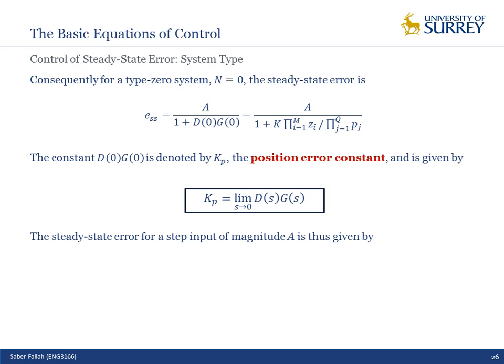And the steady state error, again for the step input, will be a over 1 plus Kp. When Kp goes to infinity, steady state error is 0. Kp 0, steady state error a. Kp not 0, a over 1 plus Kp.